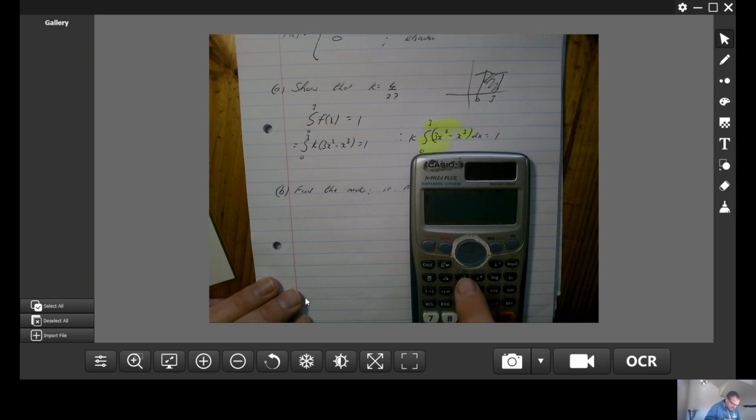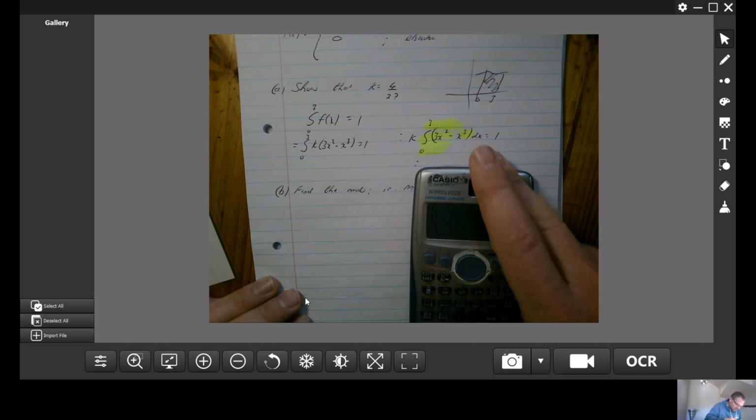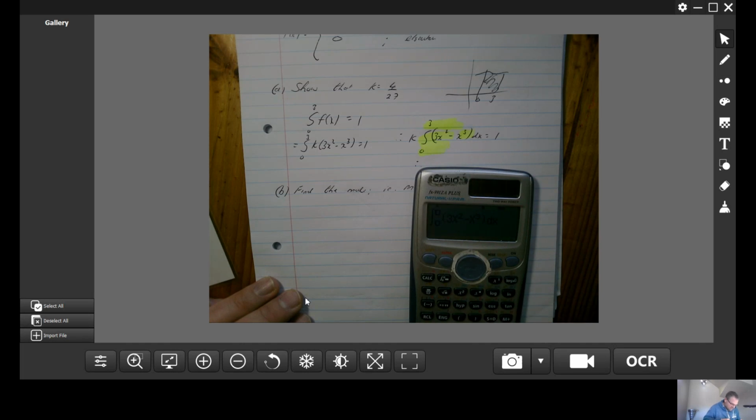So you go: the integral of 3x squared minus x cubed between 0 and 3.